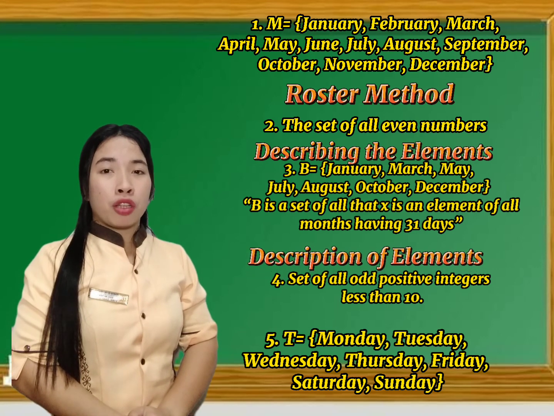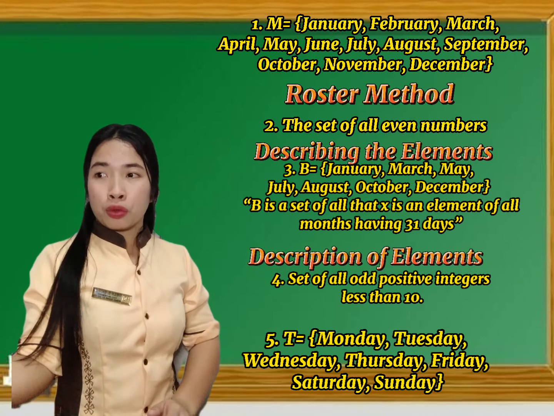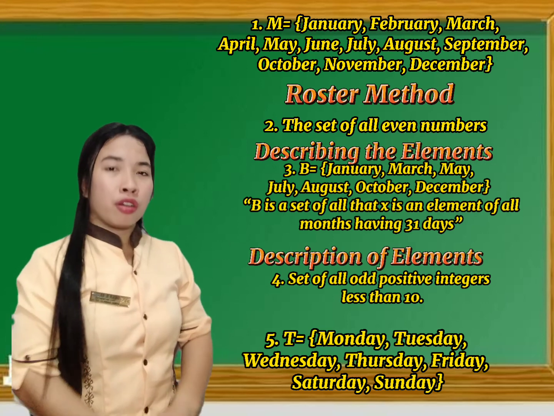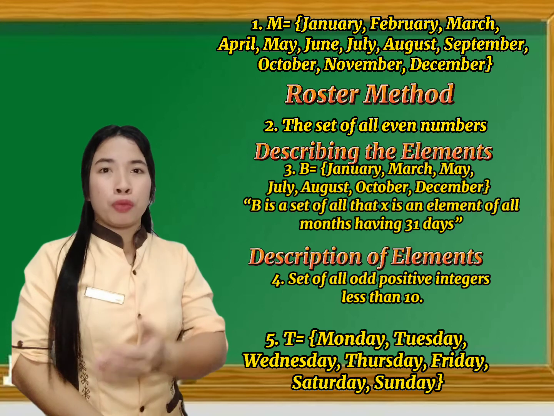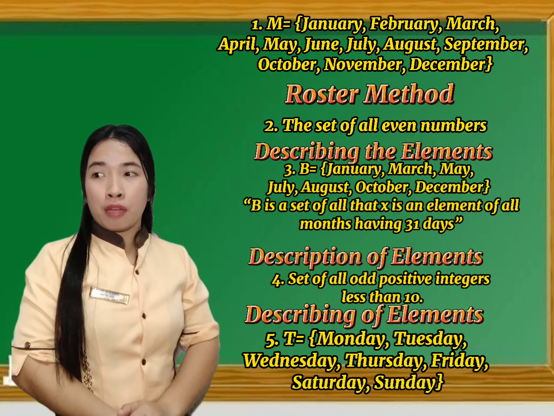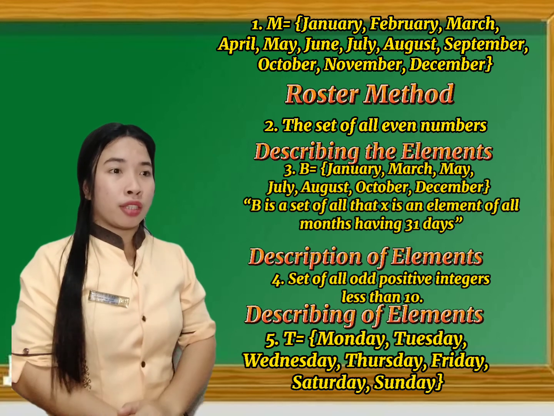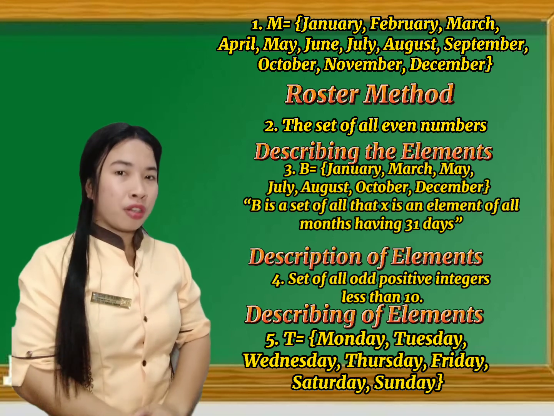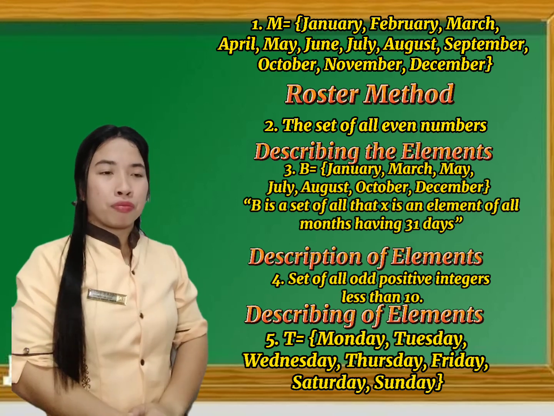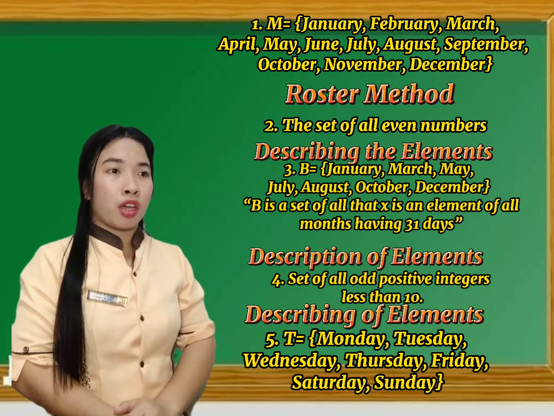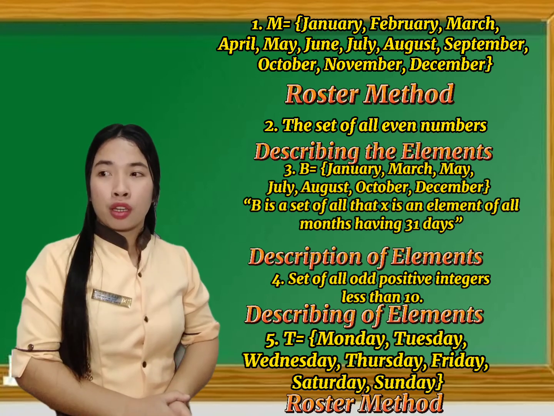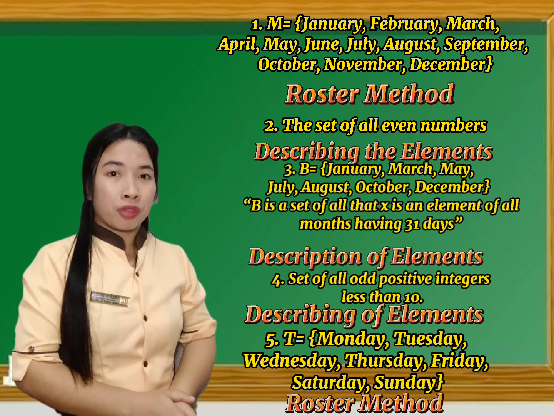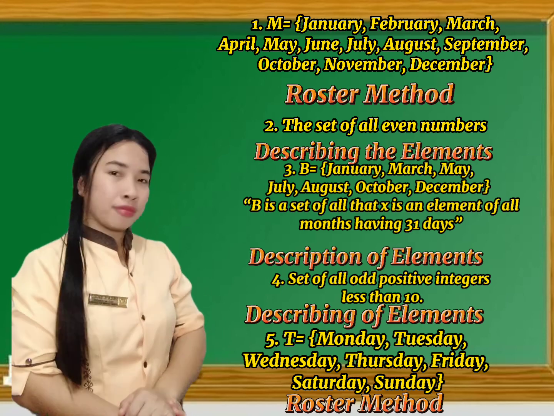Description by set builder notation. How about group 2? Same answer. Let's proceed to number 4. How about group 2? Describing the elements. How about group 1? Same answer. For number 5, how about group 1? Roster method. How about group 2? Roster method. Okay, thank you.